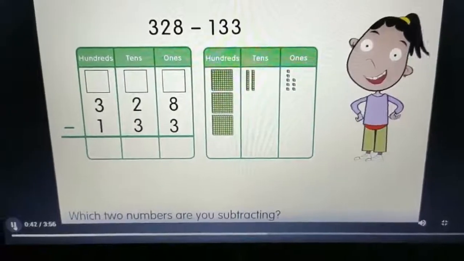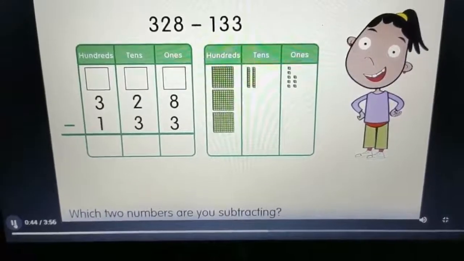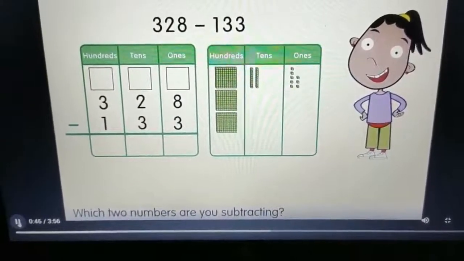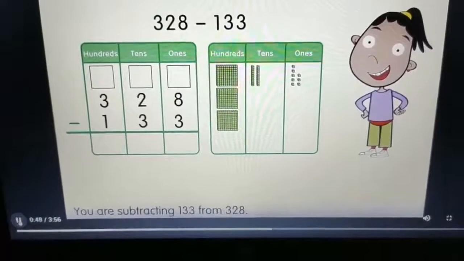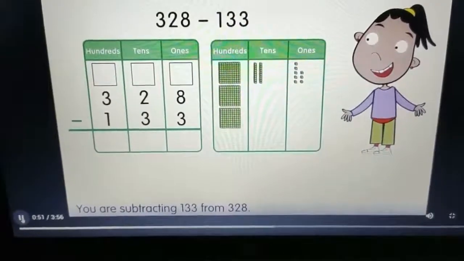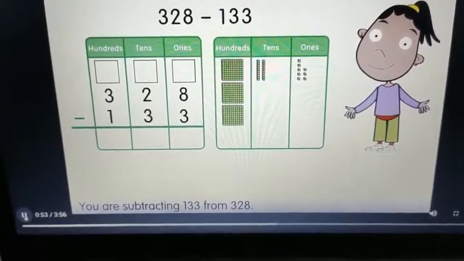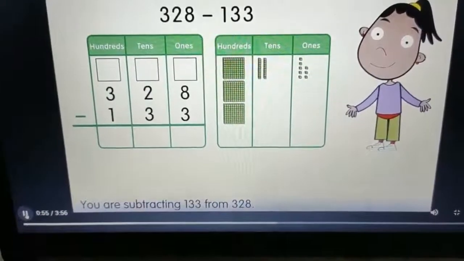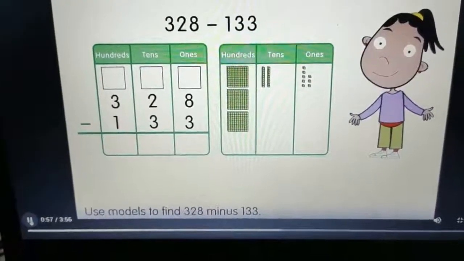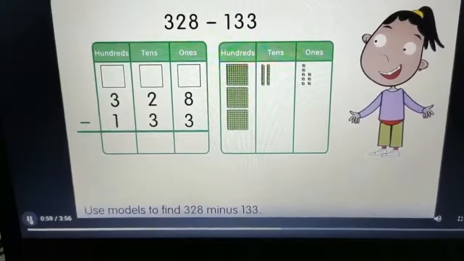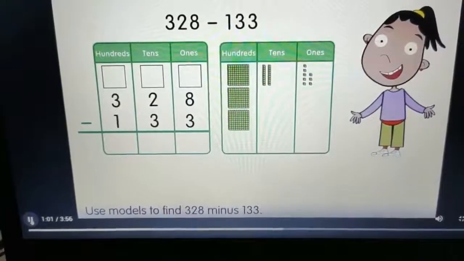Which two numbers are you subtracting? You are subtracting 133 from 328. Use models to find 328 minus 133.